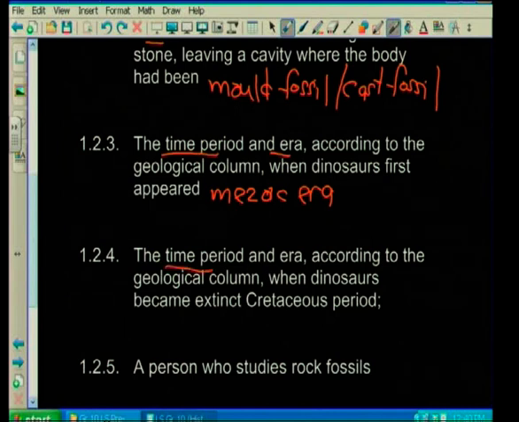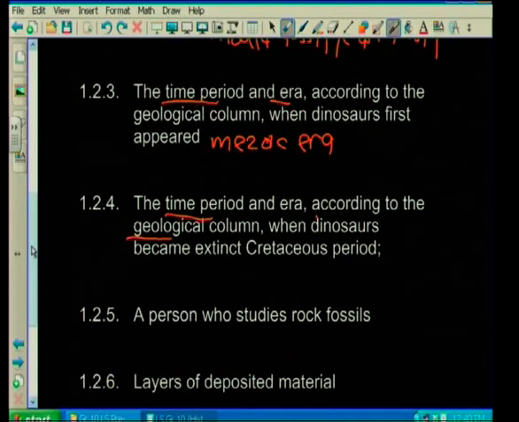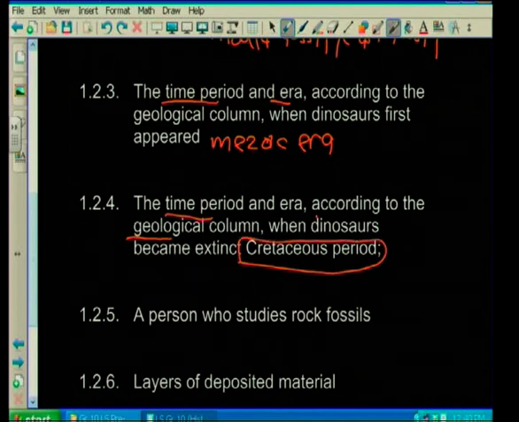The time period and era according to the geological column when the dinosaurs became extinct. Here, the answer has been given to you. It is the Cretaceous period. The Cretaceous period of the Mesozoic era is where all our dinosaurs became extinct.